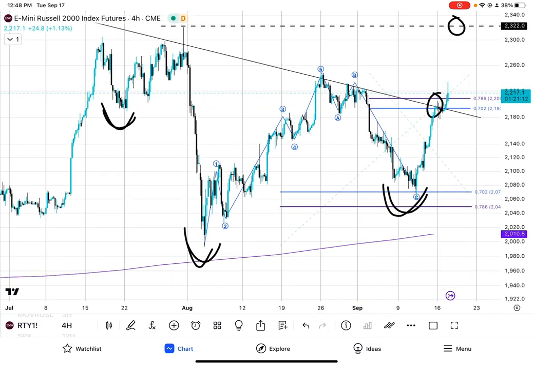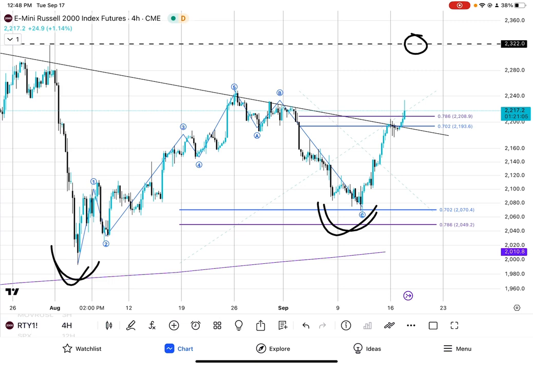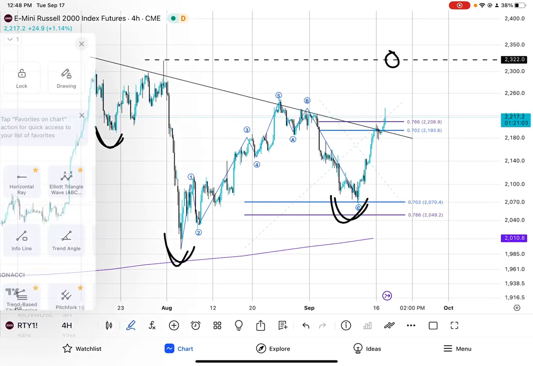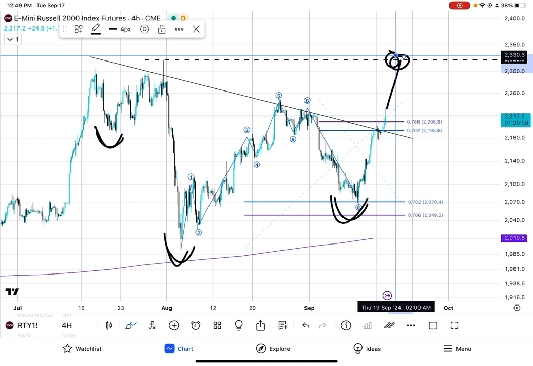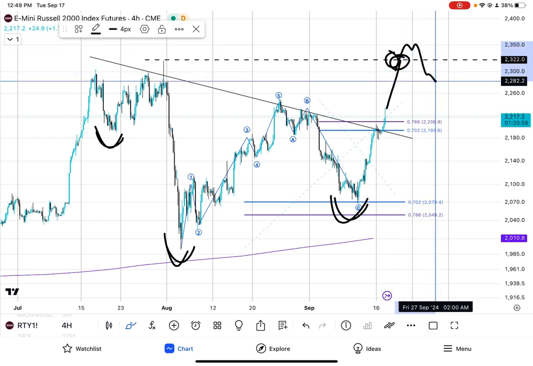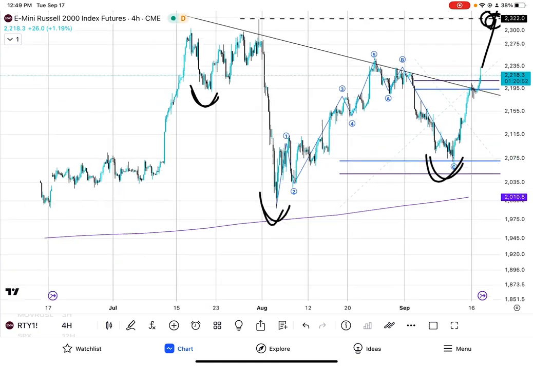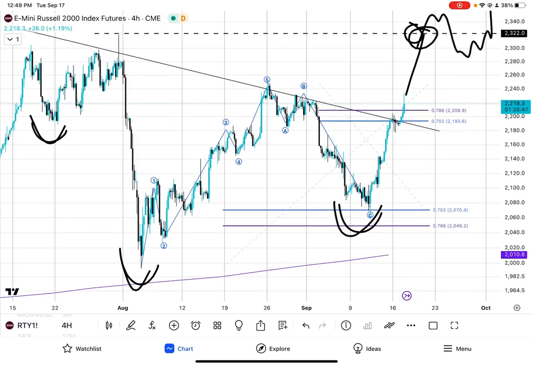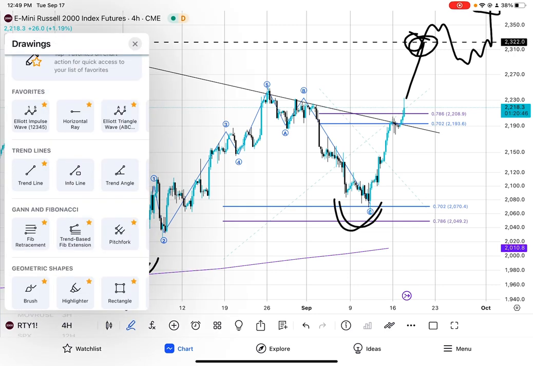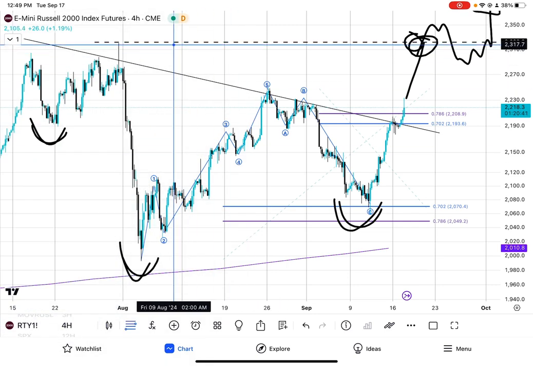Okay, in this morning's video, I did say that if we end up breaking above 2208, then it's likely we would go ahead and take out the buy side at 2300, right? So everything is looking good. Big day tomorrow, so we definitely have to watch and see how the price will react to key resistance.